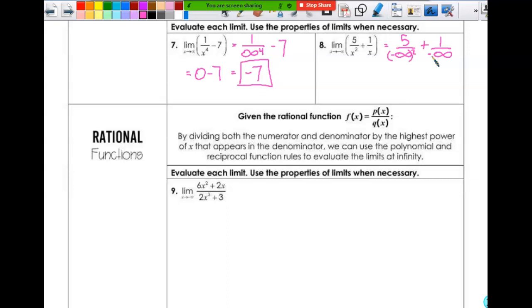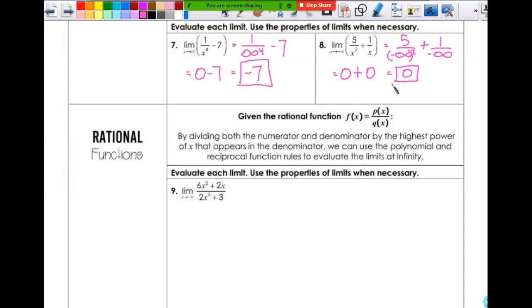All right? Infinity to the 50th power is still infinity. Infinity is a fascinating thing. But either way, what's the value of this fraction approaching? 0, right? So this is going to give me 0 plus, this one also is approaching 0. It's just approaching 0 from the other side. So it's 0 plus 0, and your answer is 0.